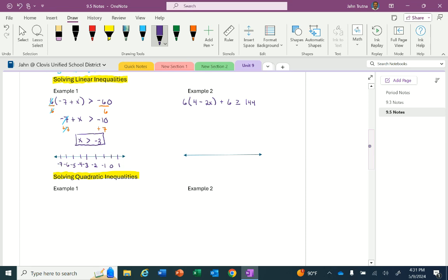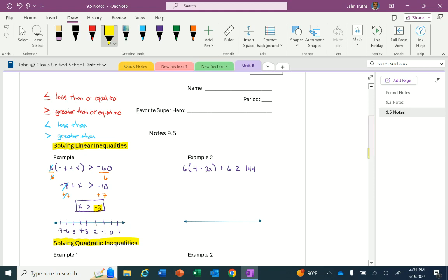Now, to graph my solution on the number line, I'm going to put a dot at my solution number. My solution number is this number right here, -3. So I'm going to put a dot on my number line at -3. But here's the catch. Sometimes you put in a filled in dot. Sometimes you put in an open, not filled in dot.